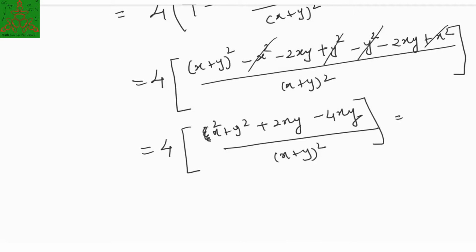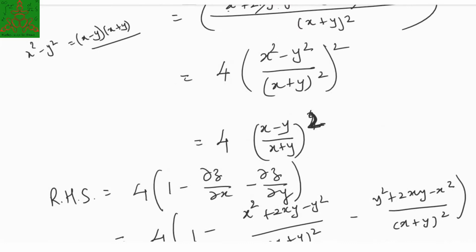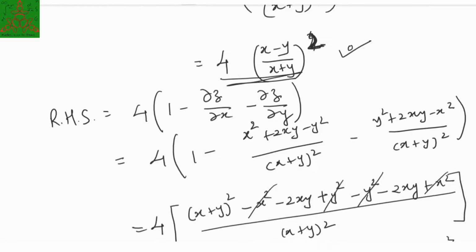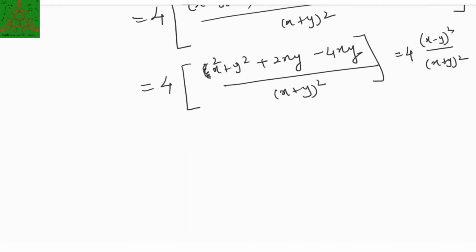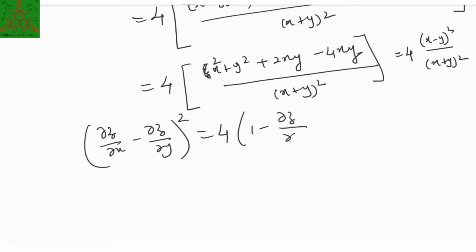So that will lead to 4 times (x minus y) square upon (x plus y) square, and that is exactly the same as the RHS that we have calculated, the LHS we have calculated, which is this. So this proves the given identity, that is (del z upon del x minus del z upon del y) whole square will be 4 times 1 minus del z upon del x minus del z upon del y.